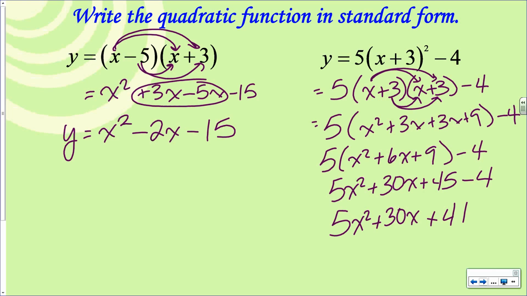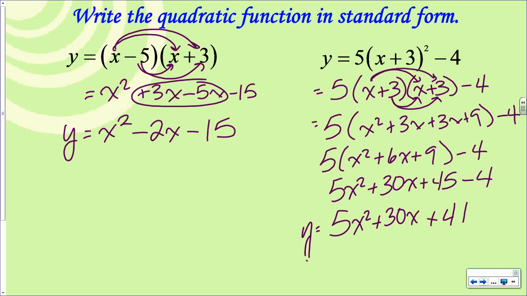This one's a little more complicated and involved, right? But it's still not too bad. It's just straight algebra. Okay? I guess I should have it y equals. Okay? You guys are going to do other ones.